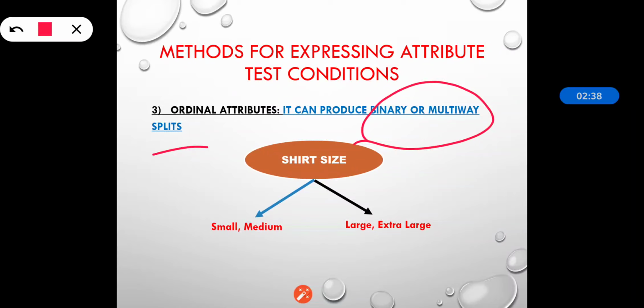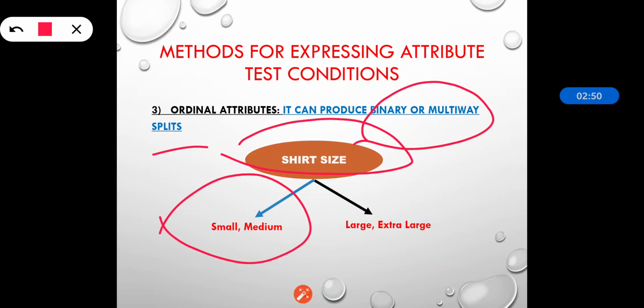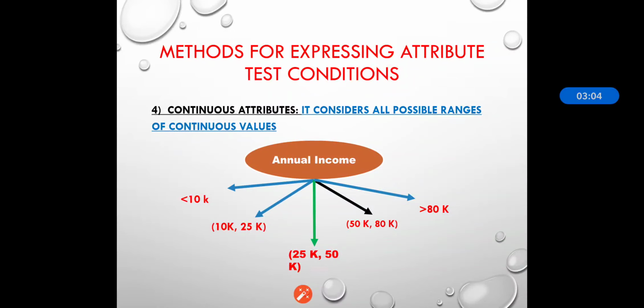We can see in the given example that the grouping is done. We have the particular node shirt size, and we have grouped the values, that is small, medium and large, extra large. We have split them in such a way that they give the outcomes in a group format. That is the ordinal attributes.